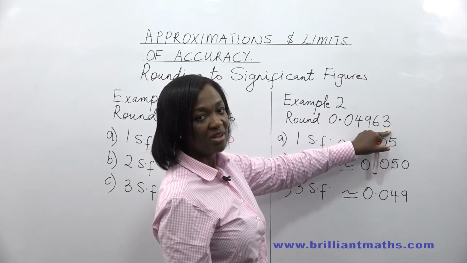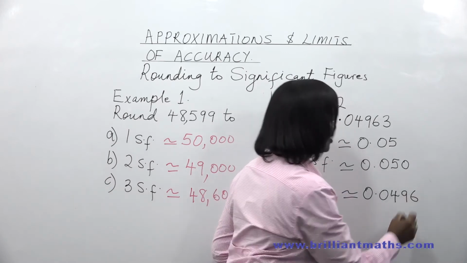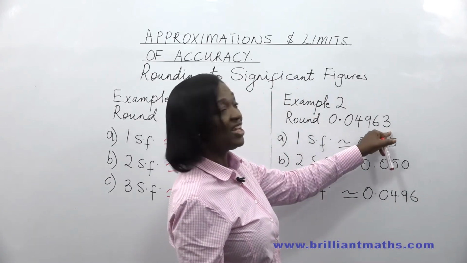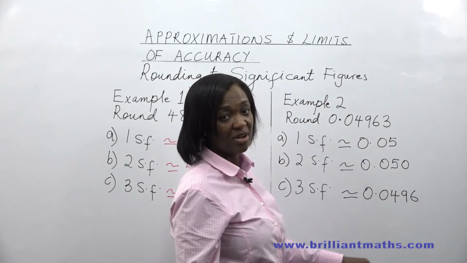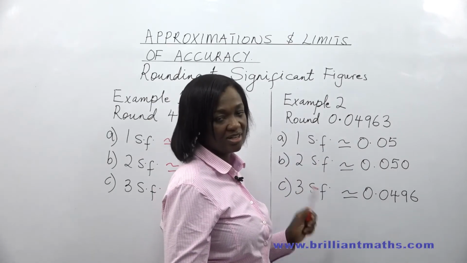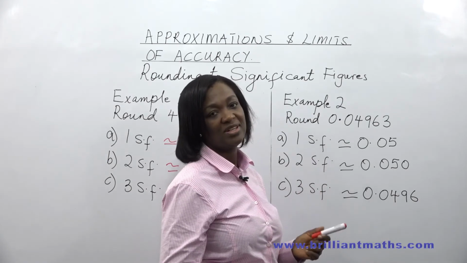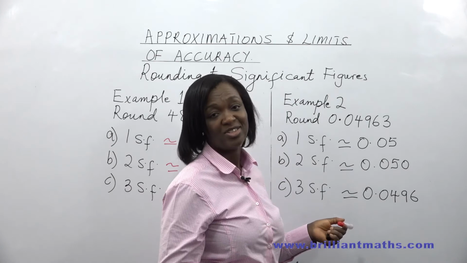So what is it going to be? 0.496. Because 3 is less than 5, so we're rounding down. Please take your time to study this and understand it, because it's a very important concept. And it's also very easy, as you can see.